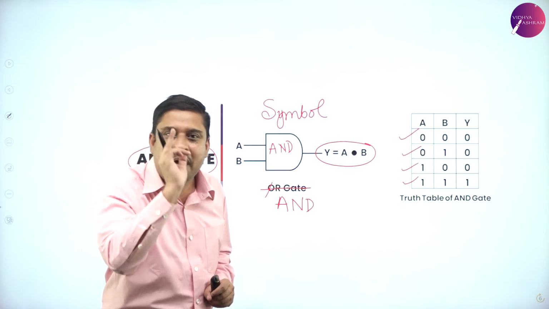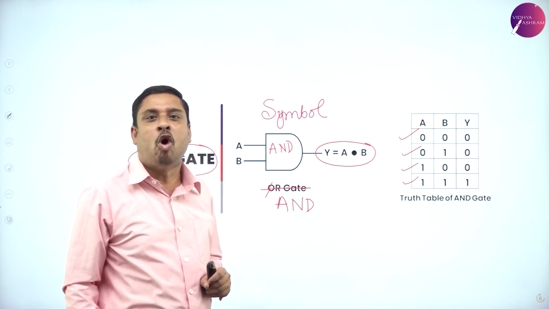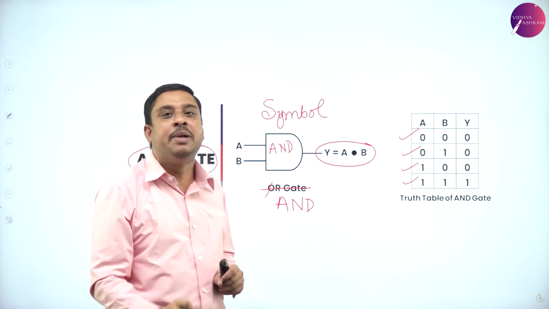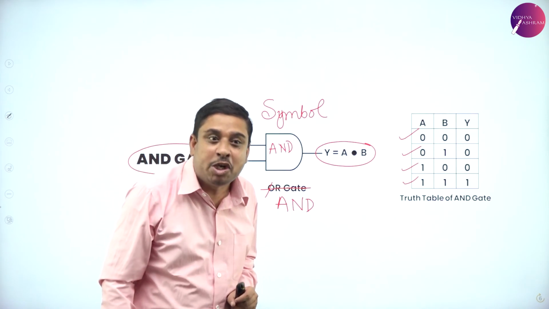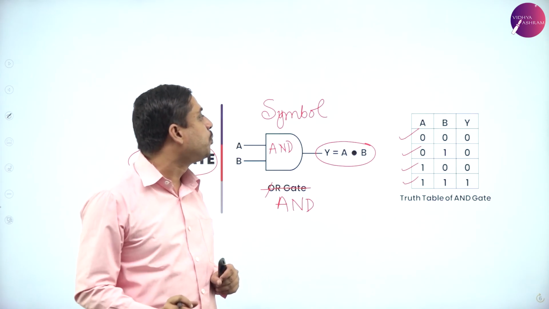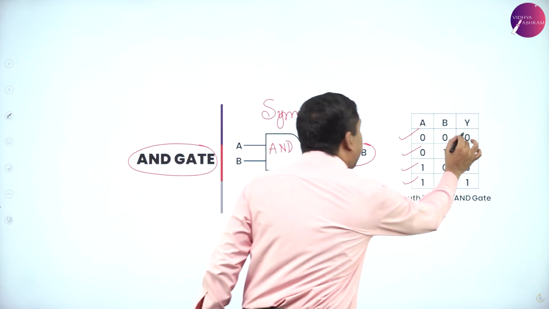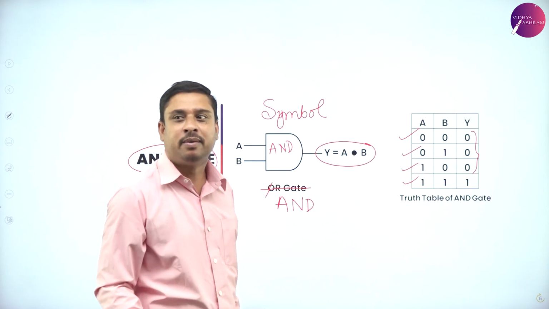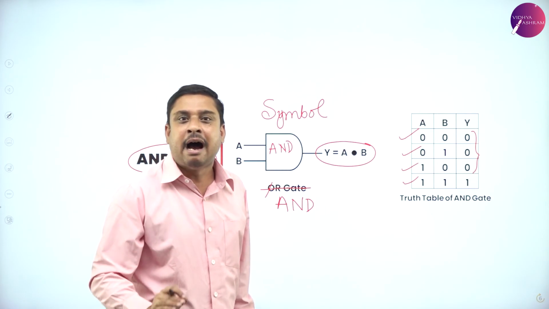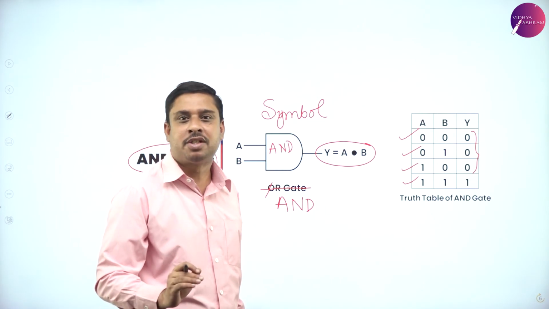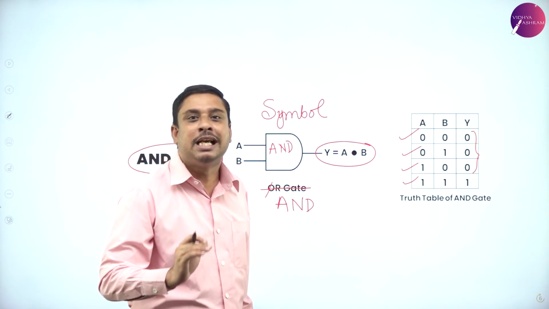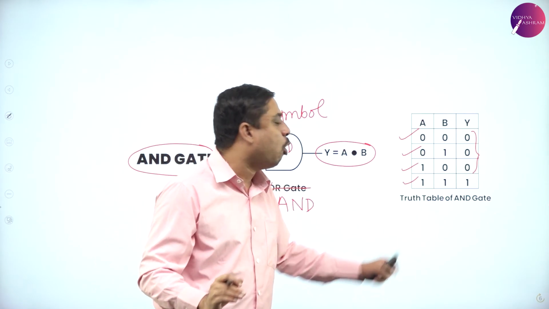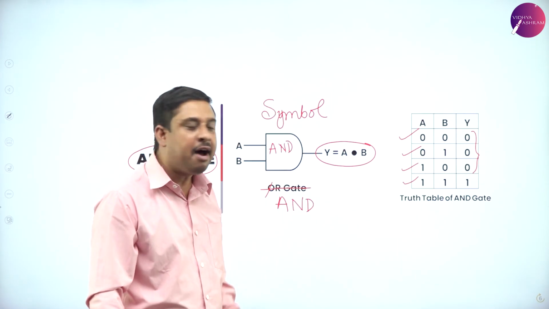If any one of the inputs is low, in the 0 state, then the output of the AND gate is also low. So we get a high output, an output in the ON state, when both the inputs are high.